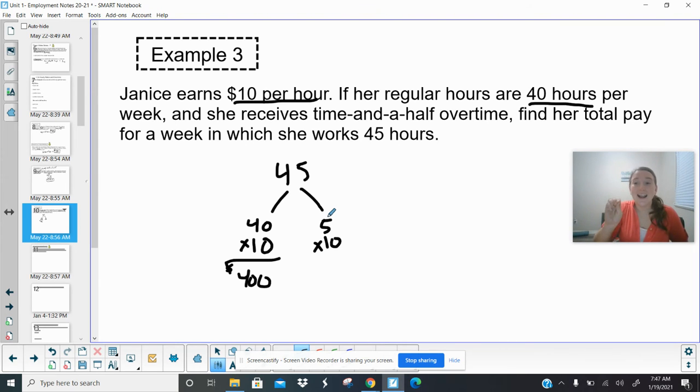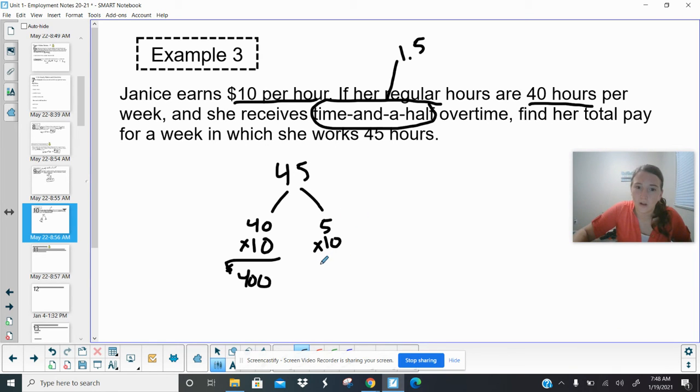Normally. But they are not regular hours. They are overtime. What that means is she gets time and a half. And once more, what number is associated with time and a half? 1.5. So she gets 1.5 times as much as she normally would.